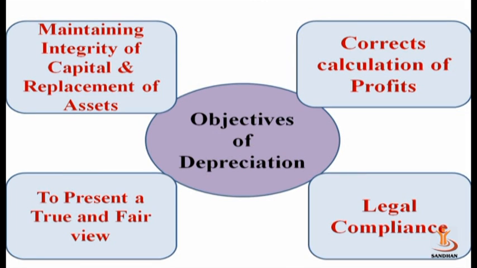Another objective is that it corrects the calculation of profit. Depreciation is a revenue nature expenditure. So while showing the depreciation in the P&L account on the debit side, it corrects the true profit of a business.